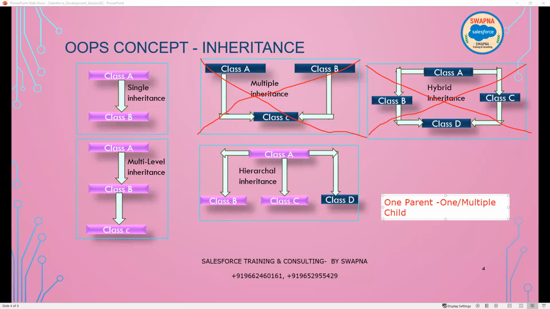I'm not talking about the master-detail relationship, lookup relationship or junction object. I'm not talking about relationships here. I'm talking about passing the behavior, whatever logic we have written in the parent class, to the child class. How many child classes can I pass the information to?